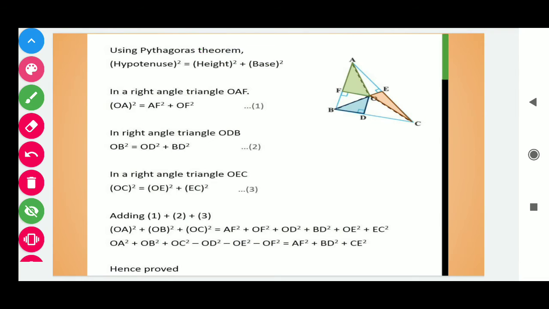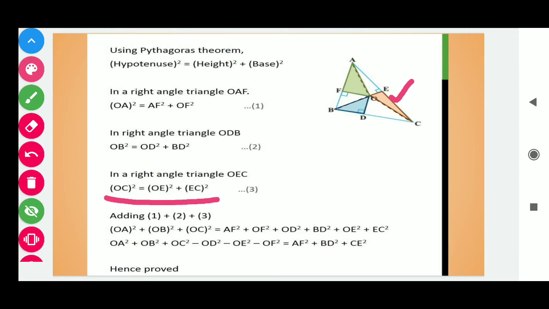Hypotenuse is OA. In right triangle ODB, that is the blue triangle, the hypotenuse is OB, and OB square is OD square plus BD square. Similarly, if we take the orange triangle, then we get the hypotenuse OC. So, square of OC is equal to OE square plus EC square.